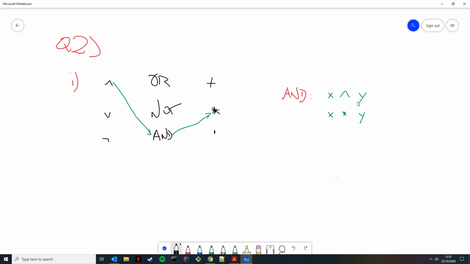So we think about x and y. We had 2 inputs and we had 4 different combinations. So x could be 0, y could be 0; x could be 0, y could be 1; x could be 1, y could be 0; x could be 1, y could be 1.